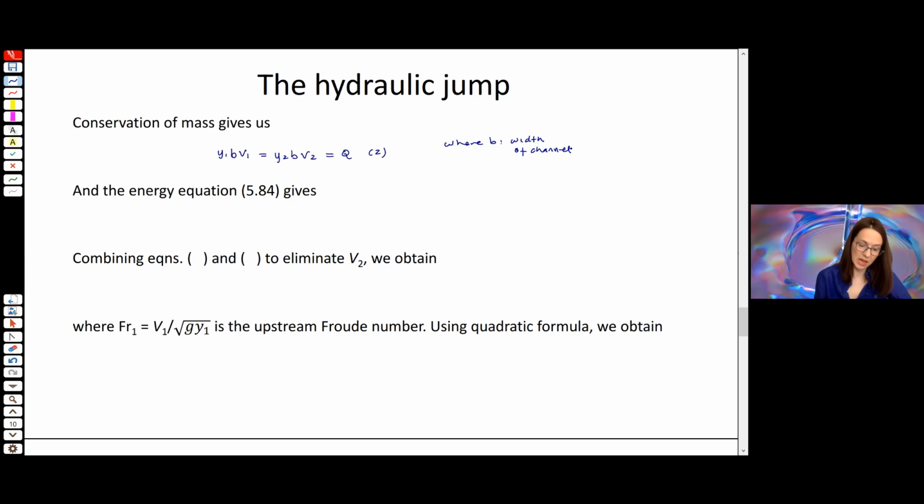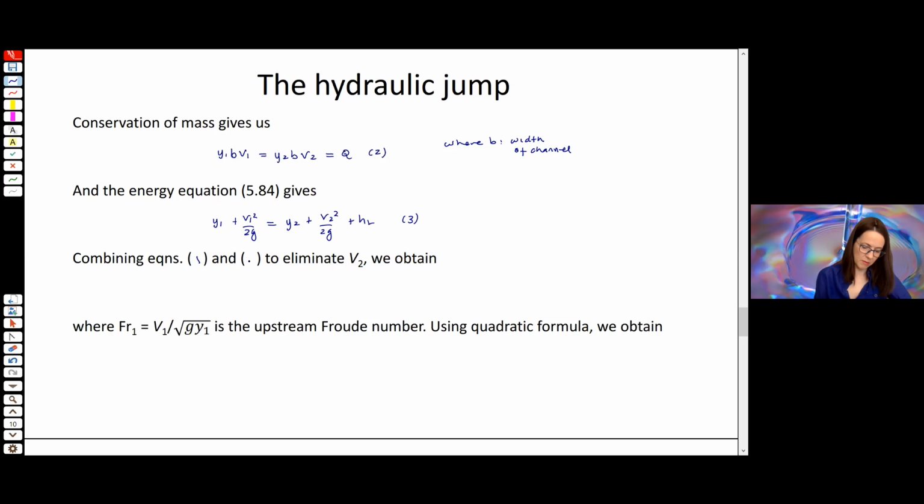And then finally, the energy equation in the form of 5.84 gives us that Y1, the depth upstream of the jump, plus V1 squared over 2g equals Y2 plus V2 squared over 2g plus a head loss. Call that equation 3.